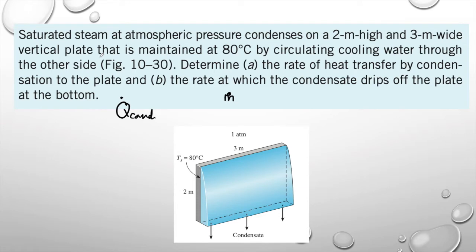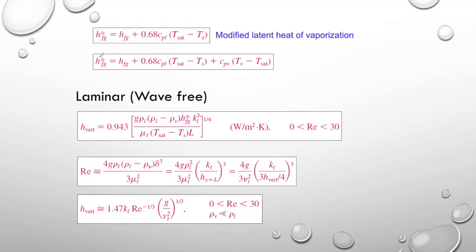No, of course, this is not a superheated vapor problem, since the question already mentions saturated steam. Therefore your h star fg will use equation number 1. This is number 1, this is number 2. Your problem here is below T saturation, therefore you will use h star fg for number 1.